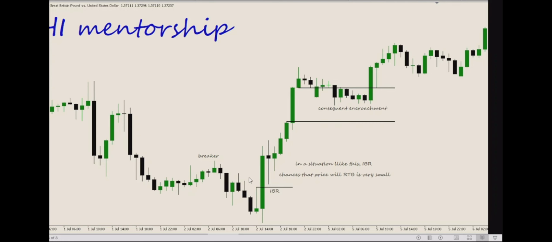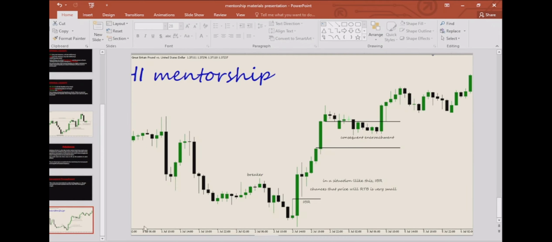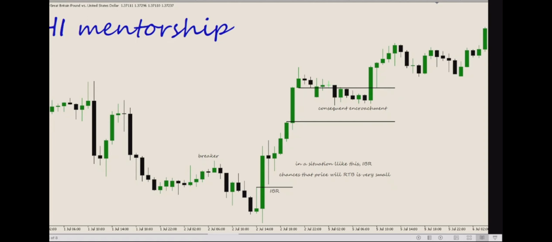Okay, so what happened was that we had a bullish break of market structure, price traded up. The next thing I would have loved to see was the next candle just kept on shooting up without any rebalance.